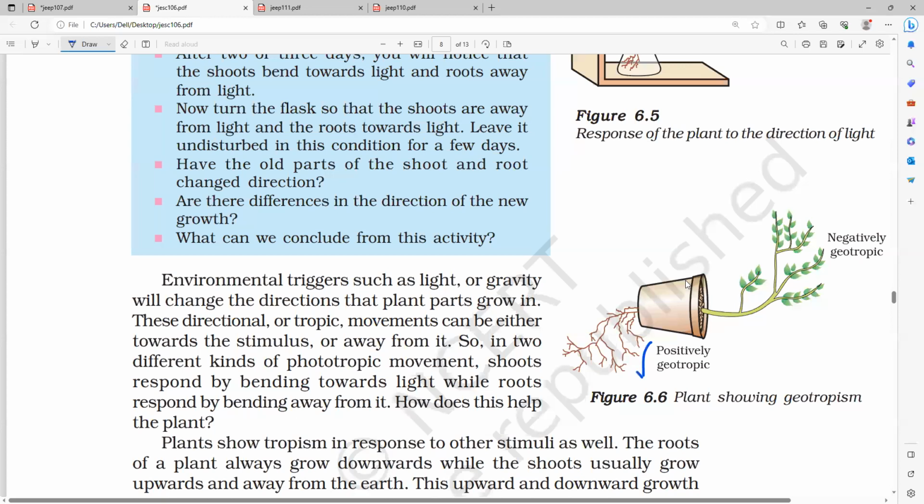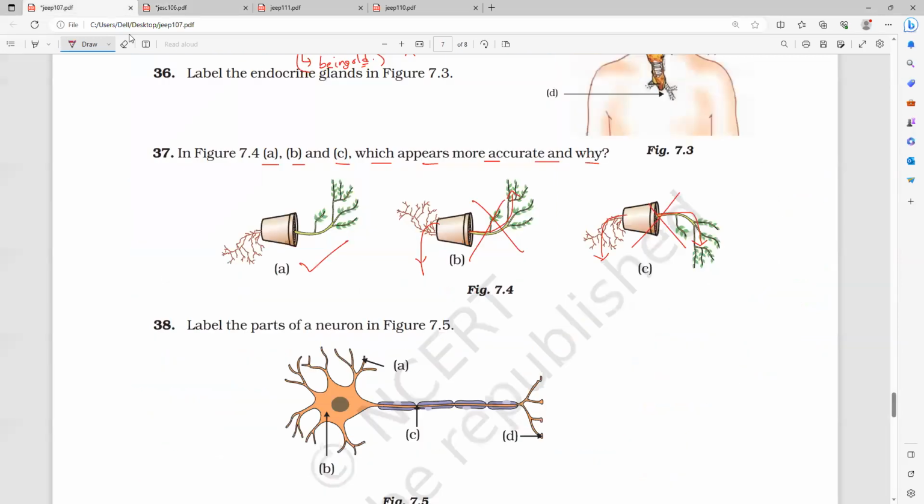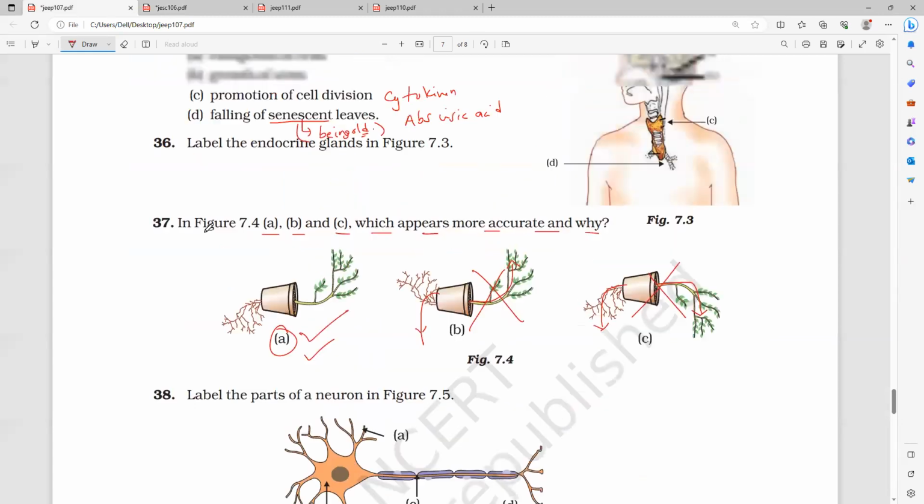The stem is growing upwards, which is negatively geotropic, or we can say positively phototropic. Am I right or wrong? So positively phototropic, and the other is negatively phototropic. So the correct figure is figure A, the perfect representation.